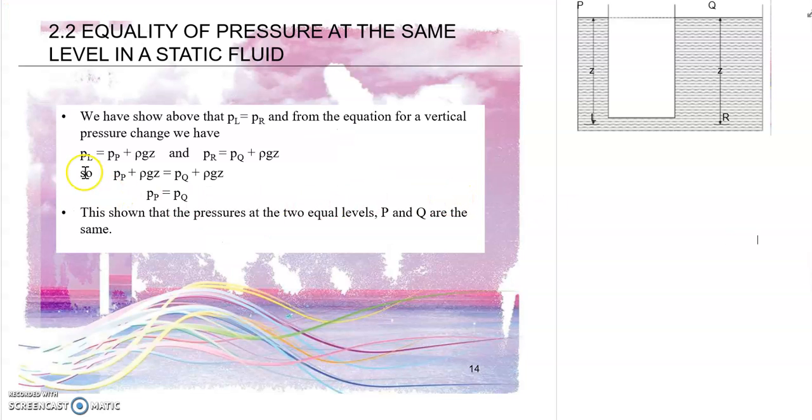So now let's see here. On your left side is tank P, and on your right side is tank Q. For the left side, PL is equal to PP plus rho g Z, and for your right side, PR is equal to PQ plus rho g Z. If we arrange this, you will get PP plus rho g Z equal to PQ plus rho g Z. So rho g Z cancels out, and your pressures at P and Q are the same.